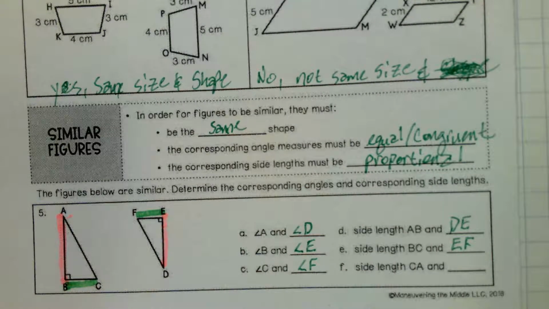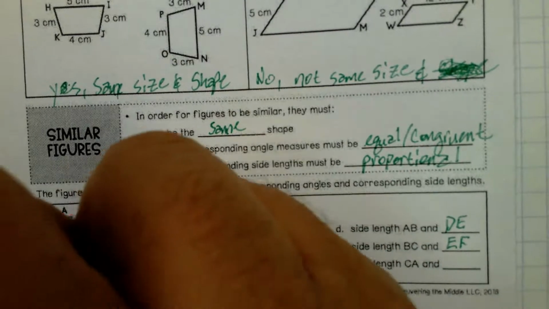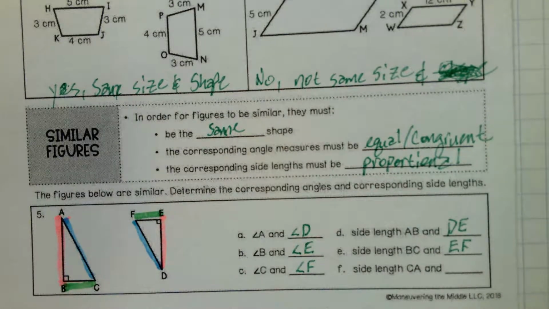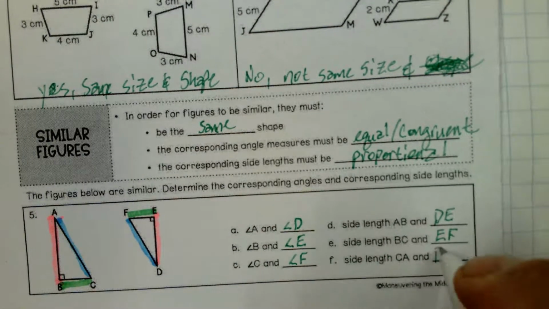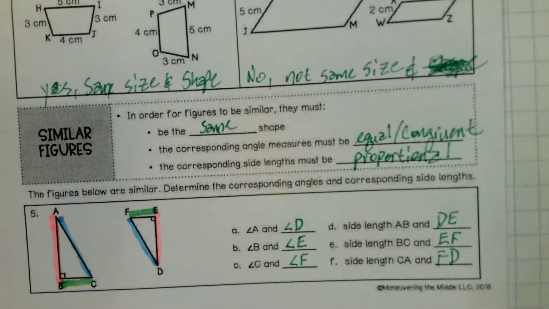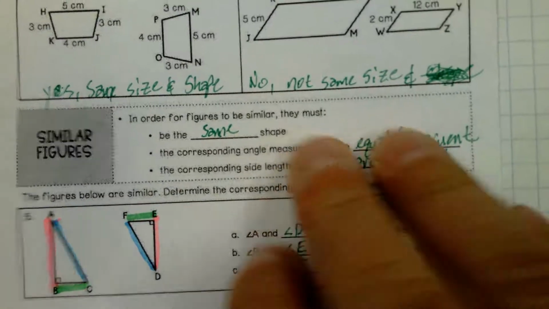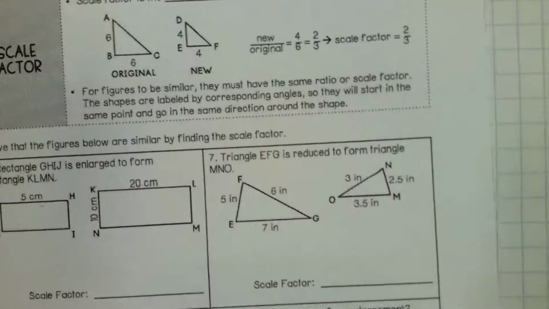I've always found that helpful. Okay, and finally we have CA, FD. Okay, so now that's going to be very important when we're working with similar figures. We have to figure out which parts correspond, which angles match up, which sides match up.